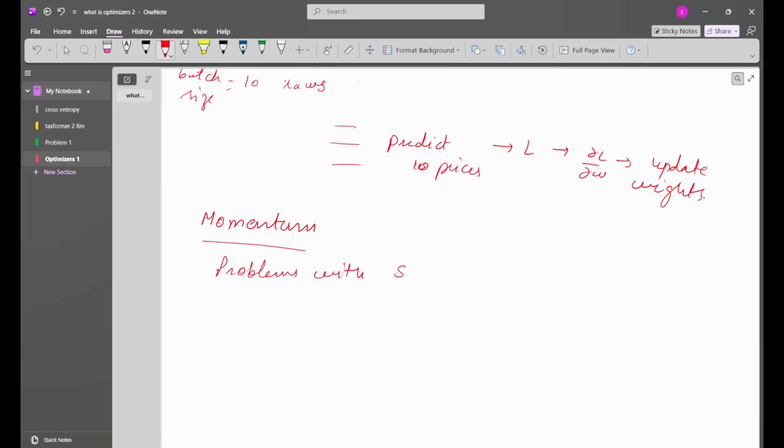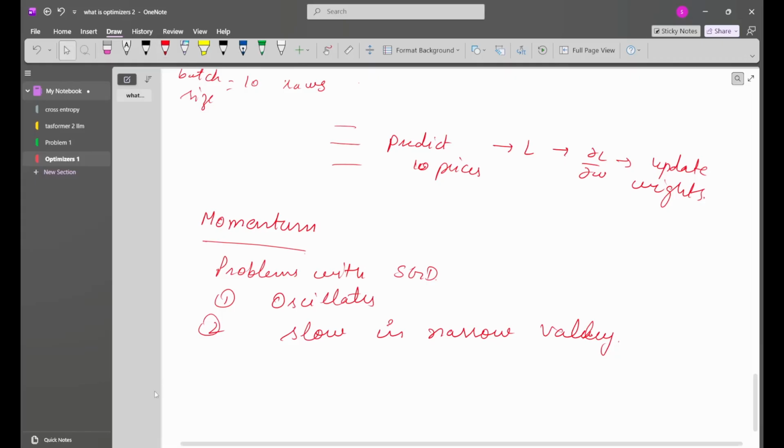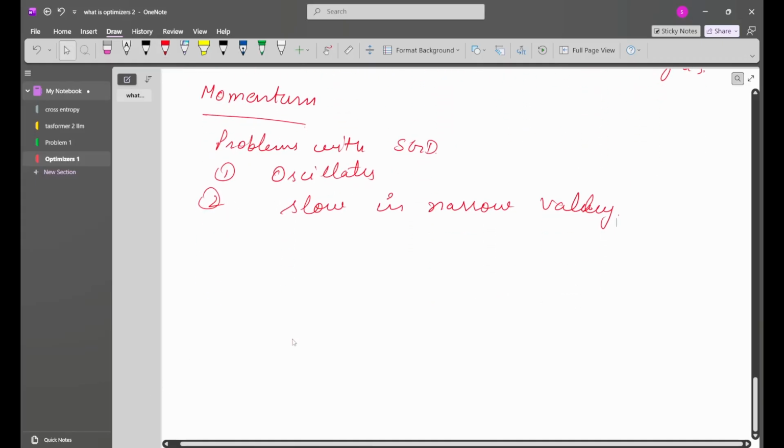There are two problems. First is it oscillates too much, and the second is it is slow in narrow valleys. So these are two problems.